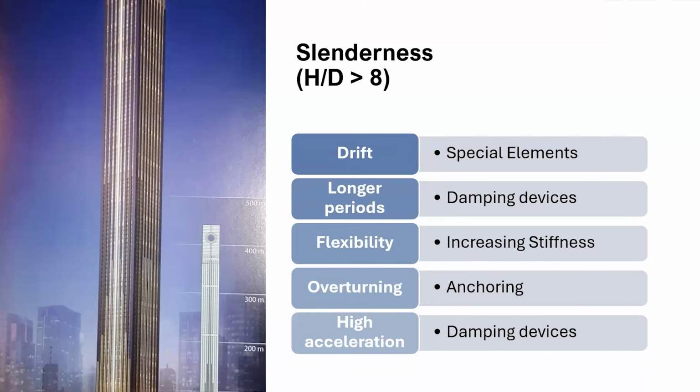The natural period is very long. The building will just keep on moving all the time, and people will feel sick, like sitting in a ship. So that's why we need to increase the stiffness. Overturning is a problem. The building can just fall down, has to be anchored, and with high acceleration, we have to add damping.